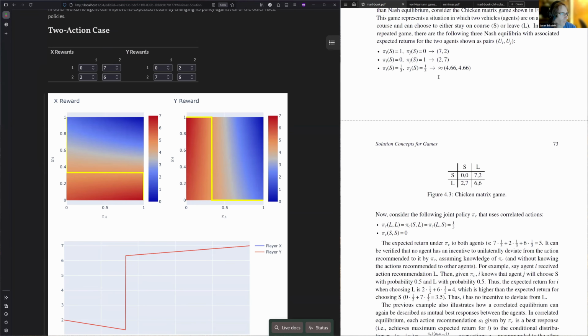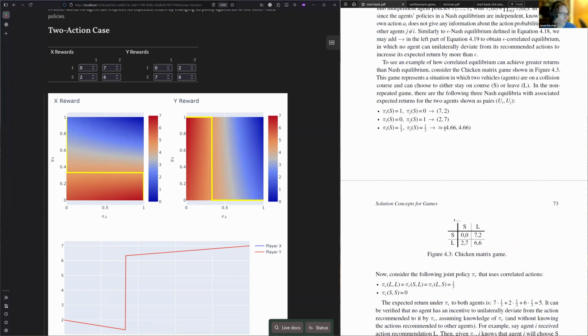For this game, the Nash equilibrium occurs at a value of 4.66, which you can see here, this middle point. And at both players' policy of 1/3, right? Which here we can see 1/3 here and 1/3 here.